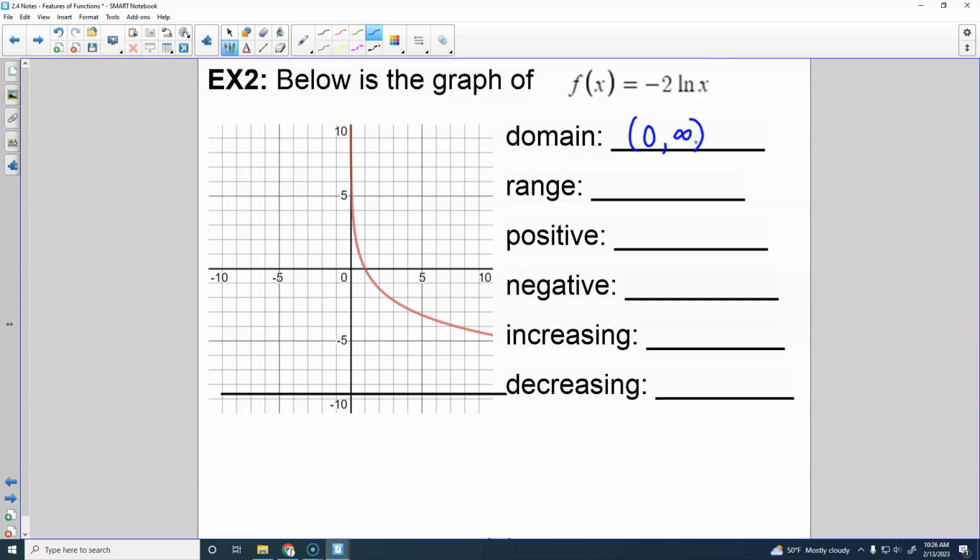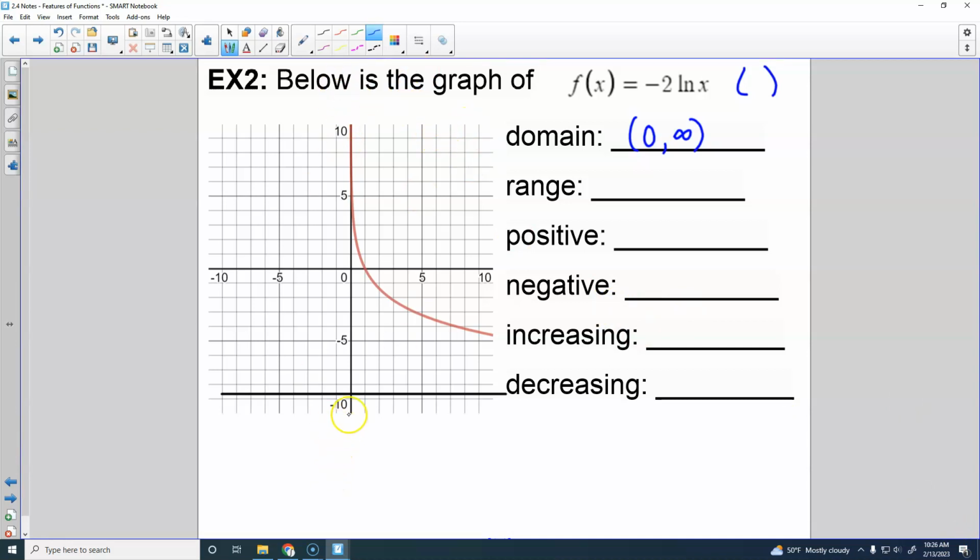And with natural logs and e's, from our experience, you pretty much always have parentheses, because they have asymptotes, so you never actually touch a point there. There's not an exception. Pretty much always parentheses for these types of graphs.